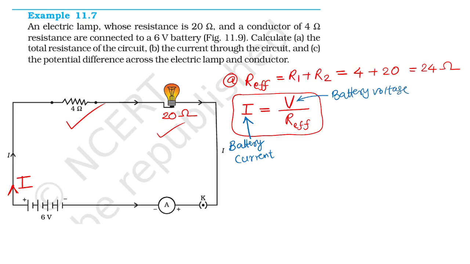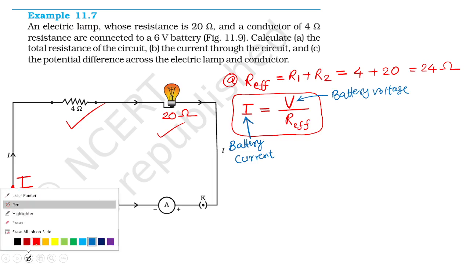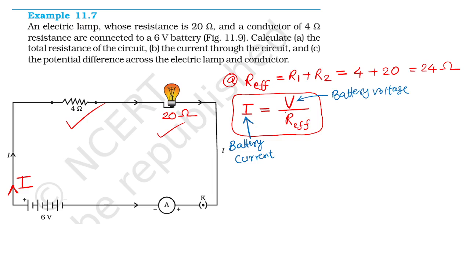The R value should be the total resistance. I equal to V by R. The denominator should be the effective or total resistance. Clear? I equal to V by R we have already studied. It is actually Ohm's law. So battery current is given by battery voltage divided by the effective, total resistance. So I am going to answer B part.